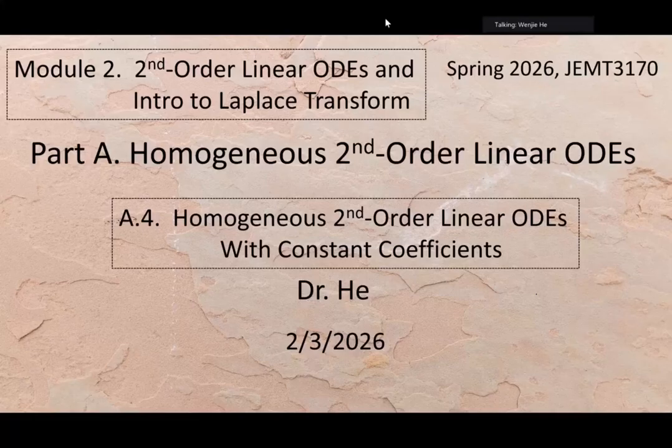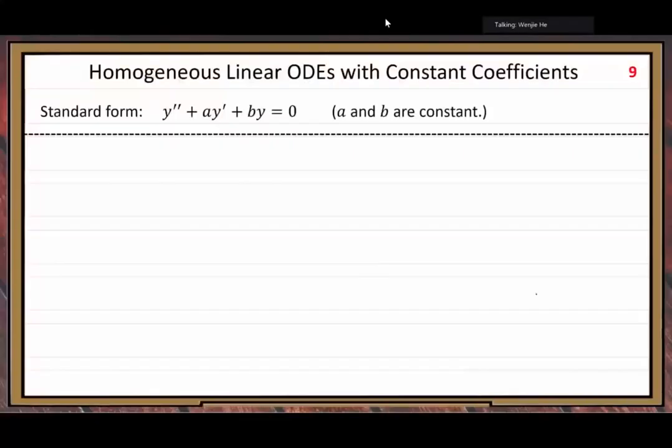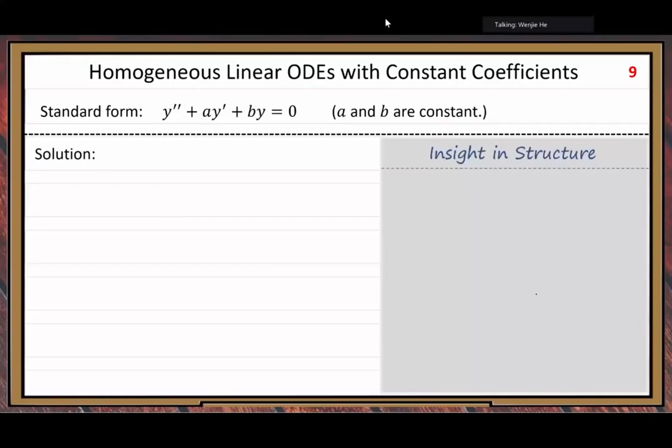That's the simplest case. Then we have confidence solving the constant case. Now A and B are constants.